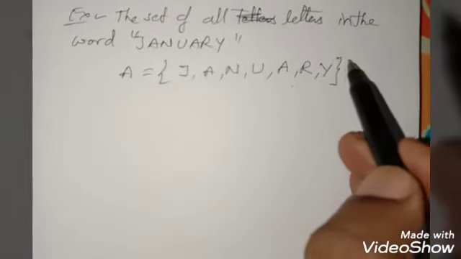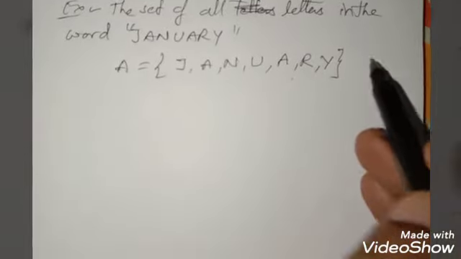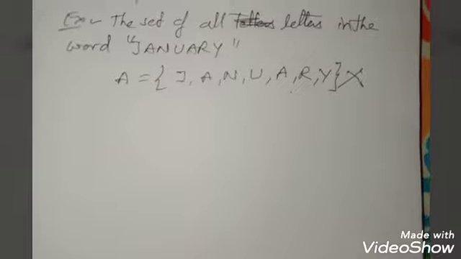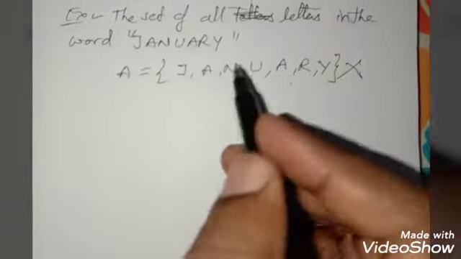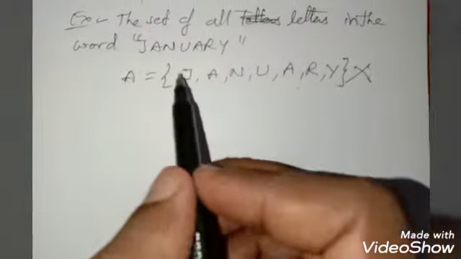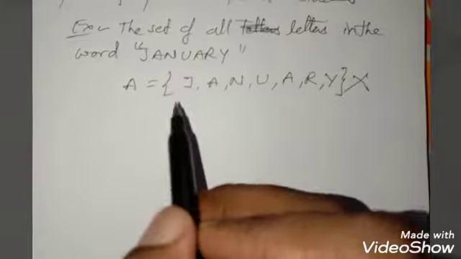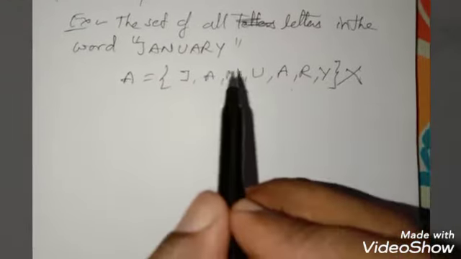But there is a loophole while writing these words in flower brackets. So what is that loophole? Whenever you write in flower brackets, you have to see whether any letter is repeating or not, because in a roster set, repetition is not allowed.